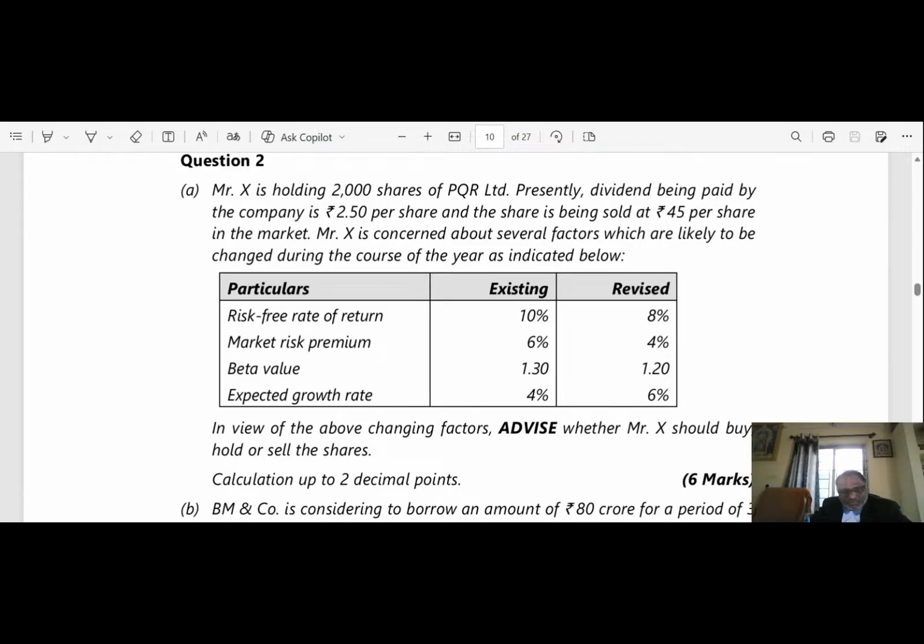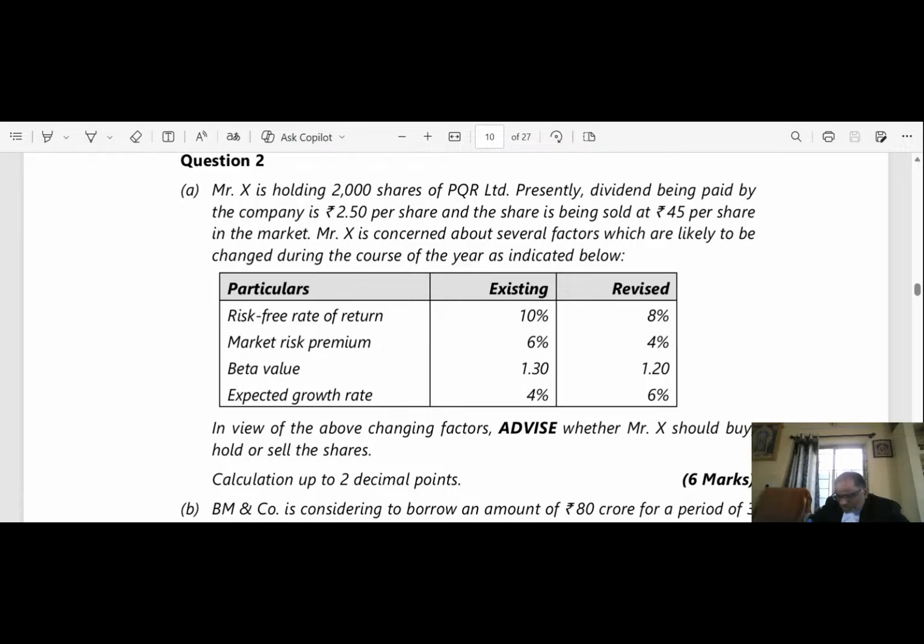2.5 divided by KE minus G. Cost of equity is already there, 17.80 percentage, minus growth rate 4 percentage.